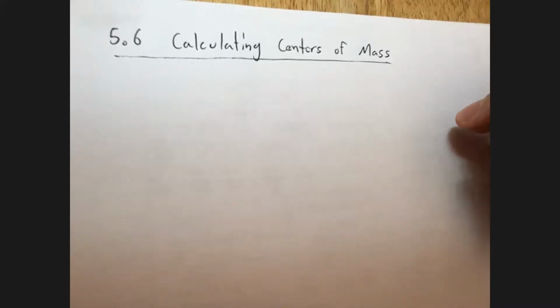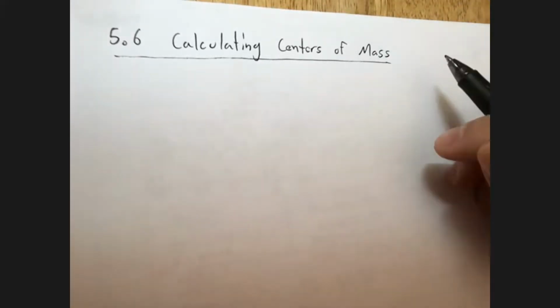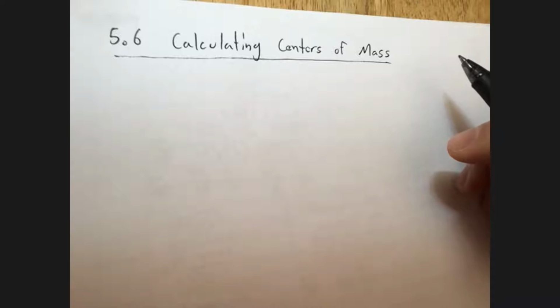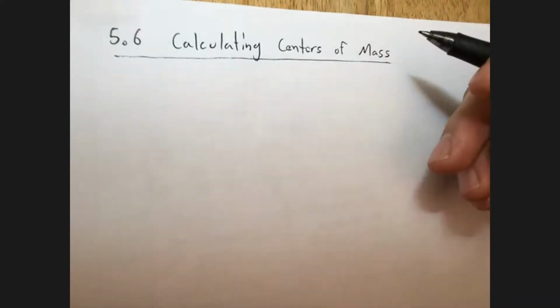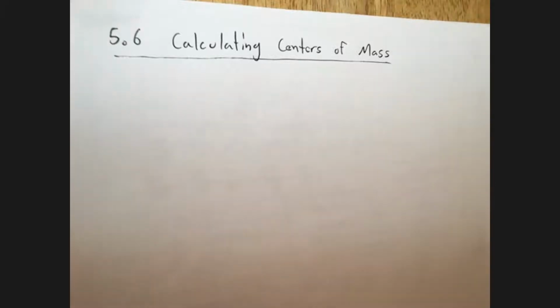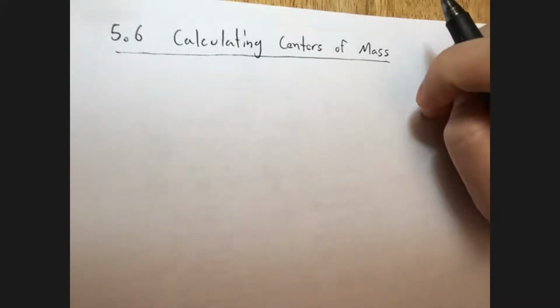So we're going to be doing this for two-dimensional shapes and also three-dimensional volumes. If you're dealing with a two-dimensional shape like a plate, you may want to know where to balance that plate on your finger. You want to know where would I put my finger so I could balance that plate. If the plate doesn't have uniform density, it may not be obvious where to balance it, right? And the center of mass is exactly that point. It's that point where you would want to balance it.